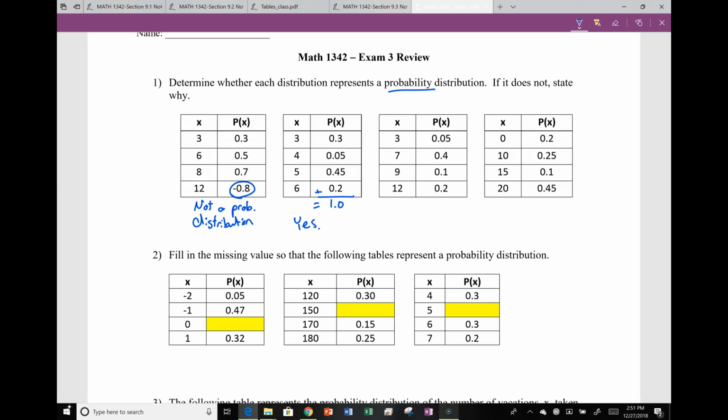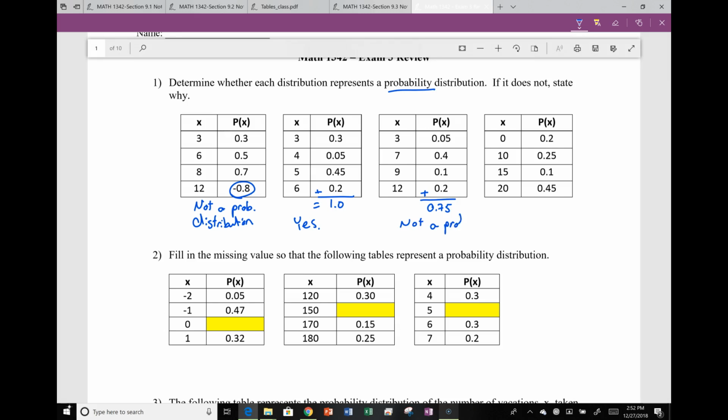Now the third one, looking at this, okay, they're all between 0 and 1. That's a good start. So then we add them up, and when we add them up, they actually only come to 0.75. So it doesn't add up to a 1. So we're missing some values here. So this is not a probability distribution because it does not add up to 1.